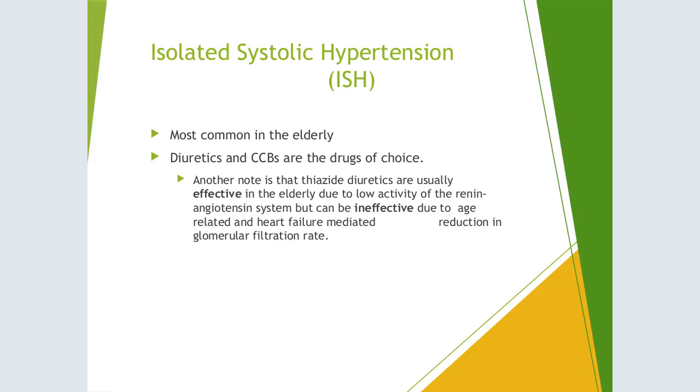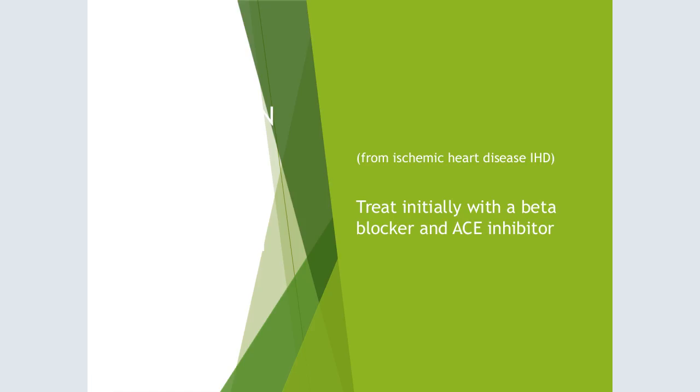So calcium channel blockers are good treatment for this isolated systolic hypertension in the elderly. Okay, I would probably stay away from the thiazide diuretics because you've got to look at that GFR and see what's going on.